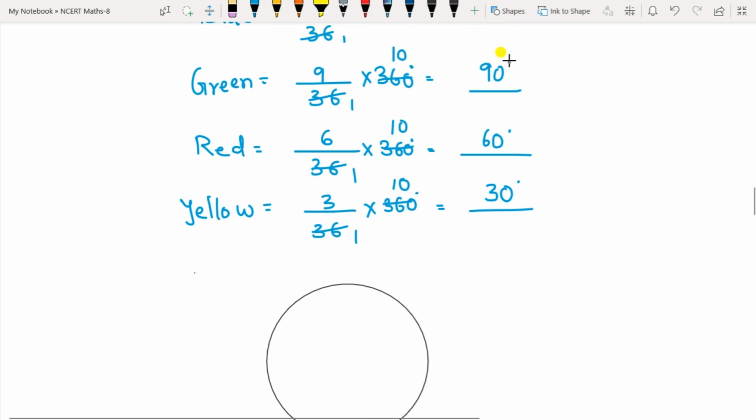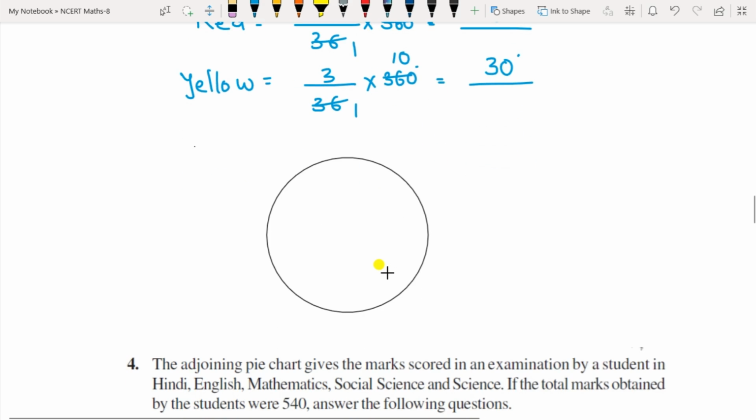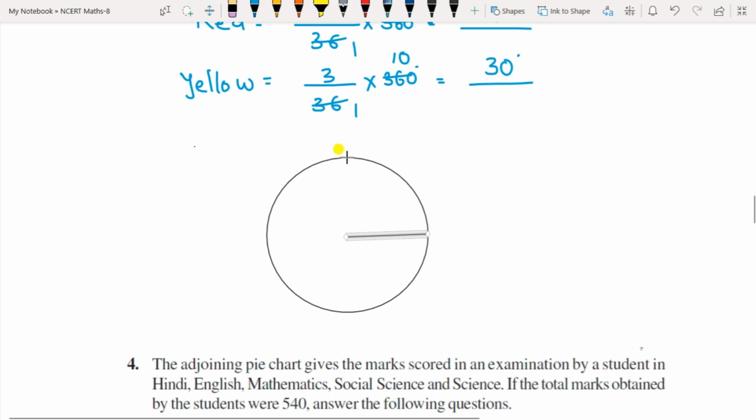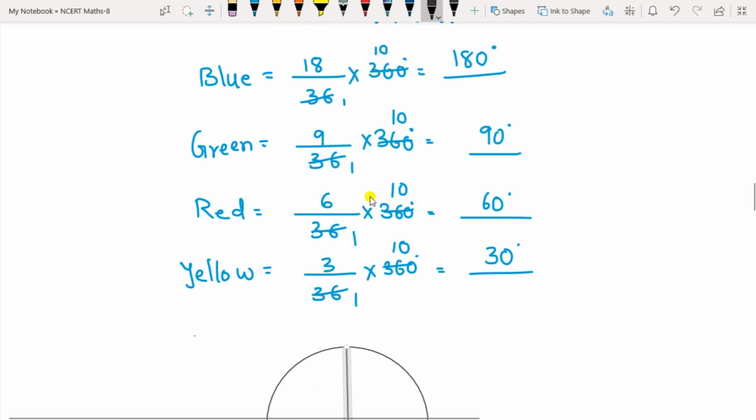Now we got first 90 degrees. Draw first that angle which is easy to draw. First we will draw 90 degrees. Suppose this is the midpoint of the circle, from there draw a line. And with the protector mark this 90 degrees. So that will be your green. Then 180 degrees is blue.